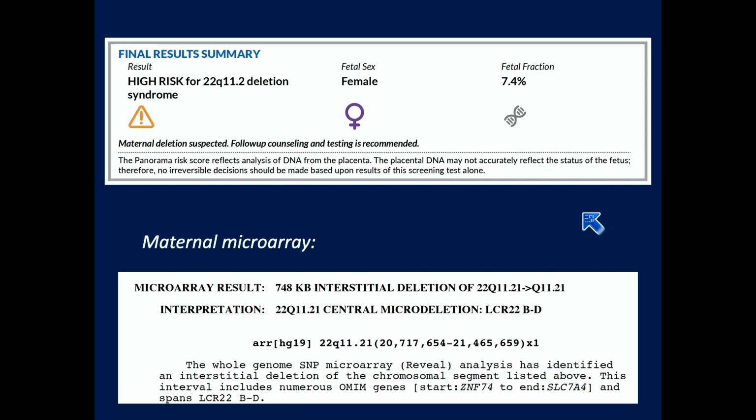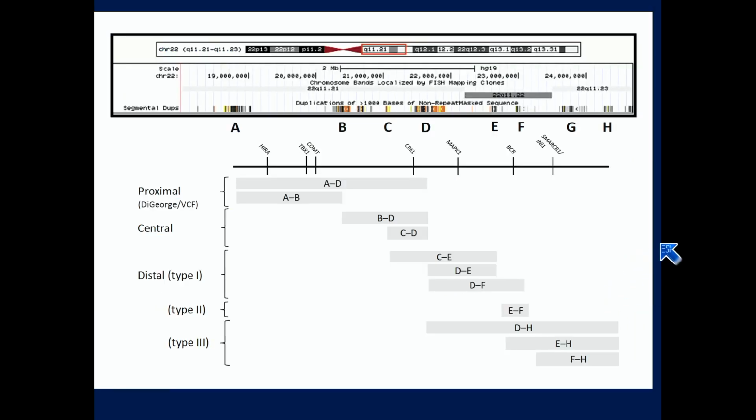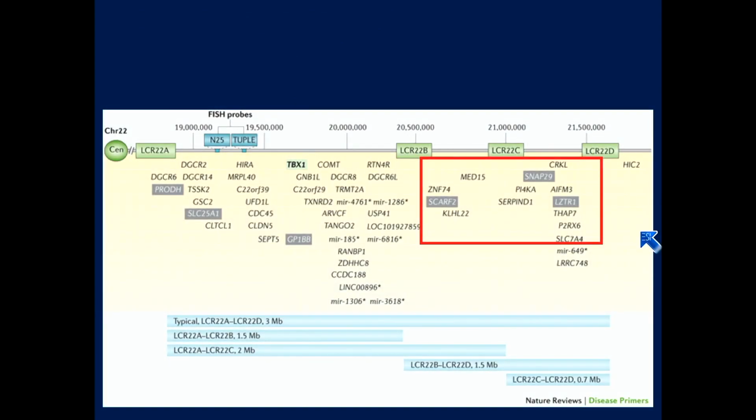Maternal microarray was confirmatory, but notice what we have here. We have a central microdeletion of B to D, right? Not that full A to D deletion. Why is that important? Well, the A to D deletion, as we said, is the most common one, A to B second common, but look at what some of the smatterings of these genes code for and where they're located.